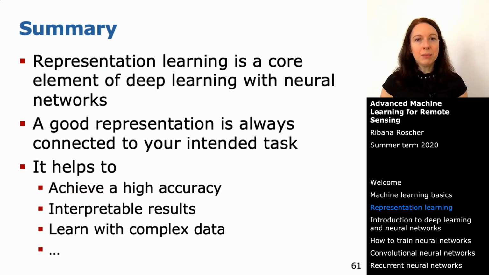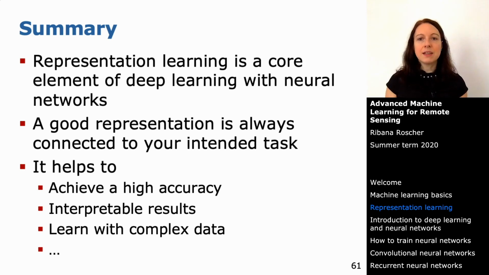So to sum up, representation learning is a core element of deep learning with neural networks. So neural networks is not a classifier, it's not a regression method. The core of neural networks is representation learning, and only the very last part in neural network decides on what you want to do. We will talk about it in more detail in the next lectures.